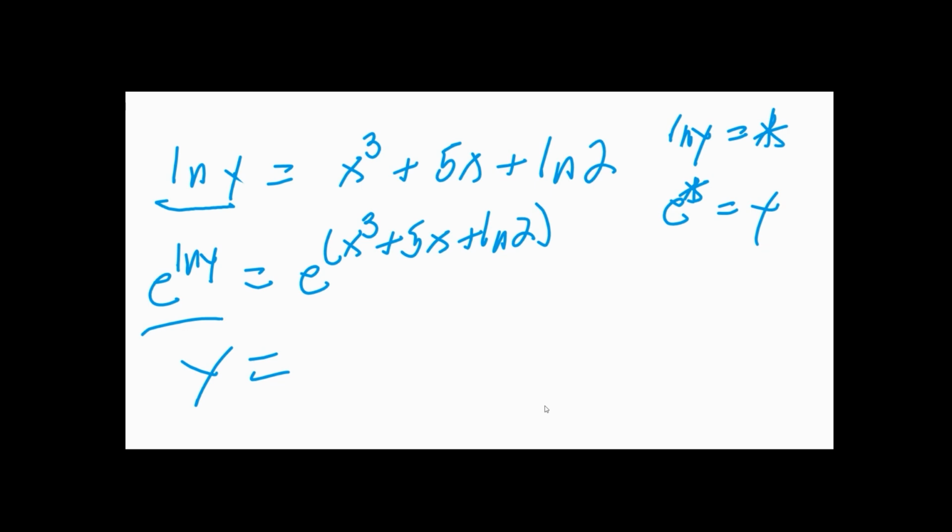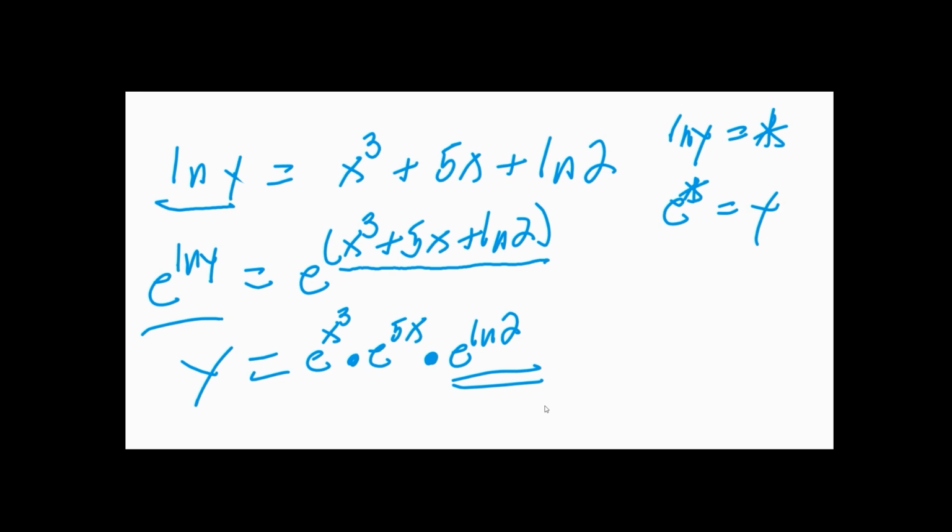And now this stuff, this is not always just left like this, so different from the previous problem, because based off the properties of exponents, I can write this as e to the power of x cubed times e to the power of 5x times e to the power of ln 2. And really the only reason to write it like that is because of this.